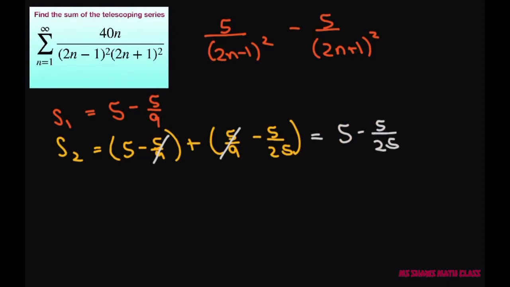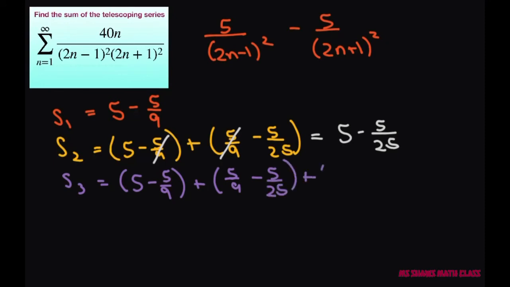All right, the next one is the third partial sum. That's going to equal 5 minus 5/9 plus 5/9 minus 5 divided by 25 plus 5 divided by 25 minus 5 divided by 49. Now this equals 5 minus 5 divided by 49. Again, because of the telescoping nature, these will cancel and you'll have this left over.